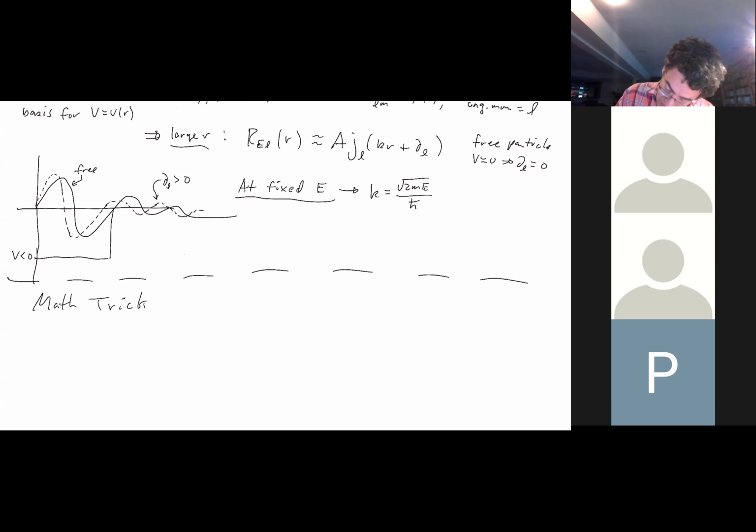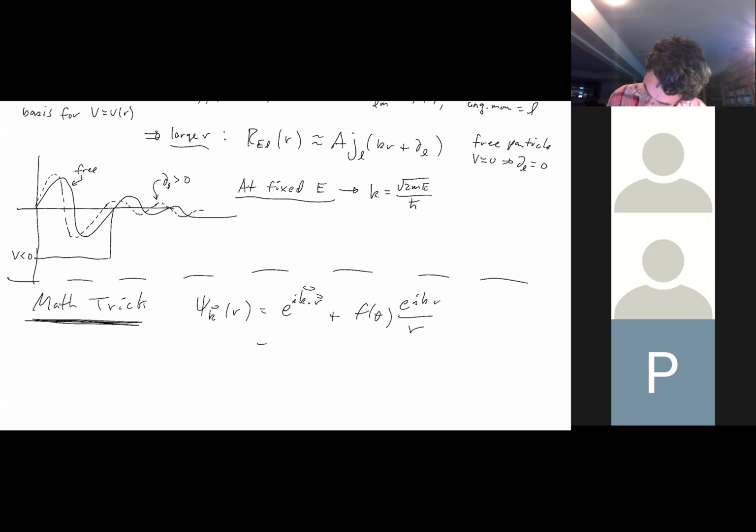It comes from taking this wave function psi_k of r equal to e to the i k dot r plus f of theta e to the i k r over r, and writing it as a sum over rotationally symmetric components.